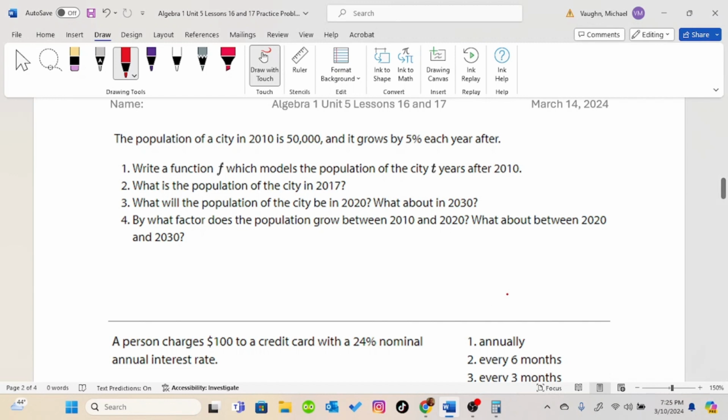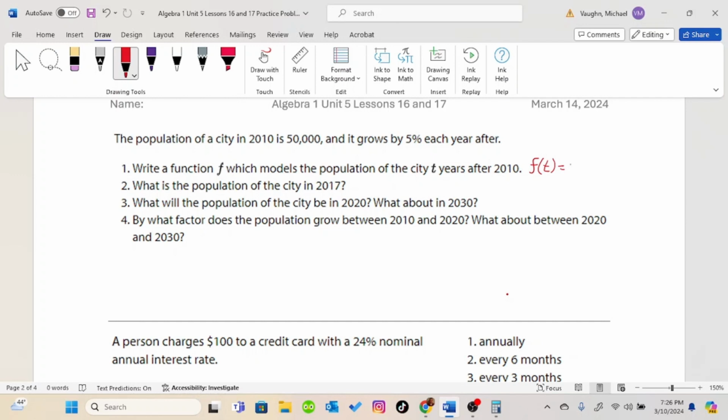The population of a city in 2010 is 50,000, and it grows by 5% each year after. Number 1. Write a function f which models the population of the city t years after 2010. So this is function f. The input is t.